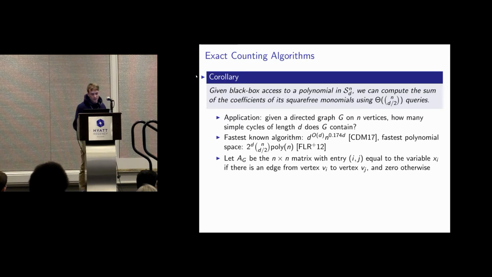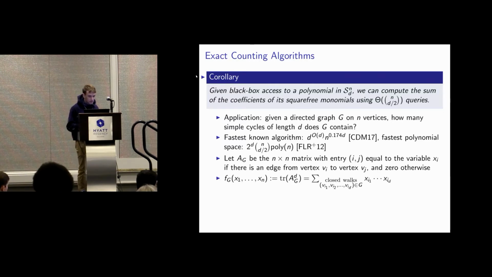So we've associated to each vertex in the graph some variable, and we've constructed this matrix. And we now define f sub G as the trace of the dth power of this matrix. And after a short calculation, you can see that this is equal to the sum over all the closed walks of length d in G of the products of the variables associated to the vertices along the walk.